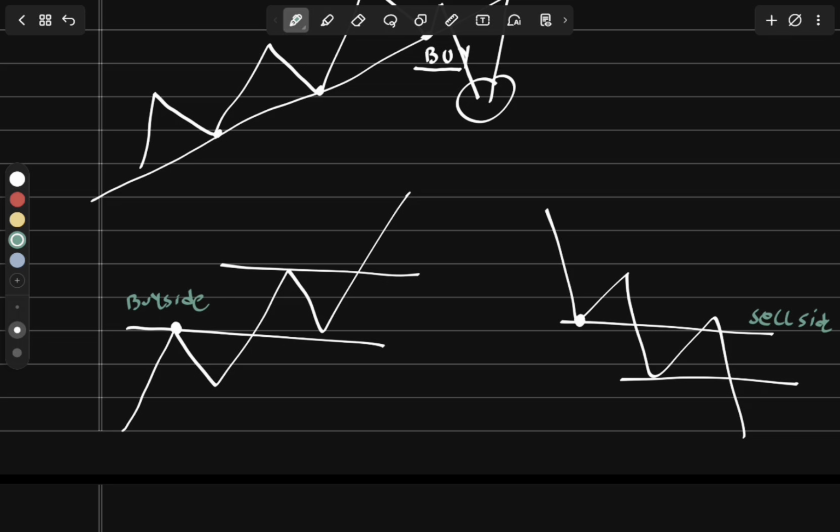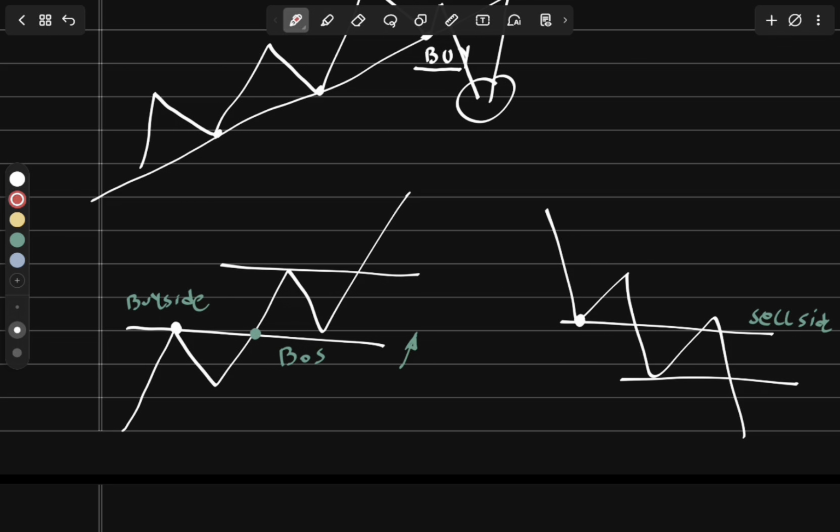I don't even know why I'm using this board, because my handwriting is terrible. Anyway, if you are a regular retail trader, every single time that you break a swing high, for you this is going to be called break of structure, and you're going to go and press the buy, right?